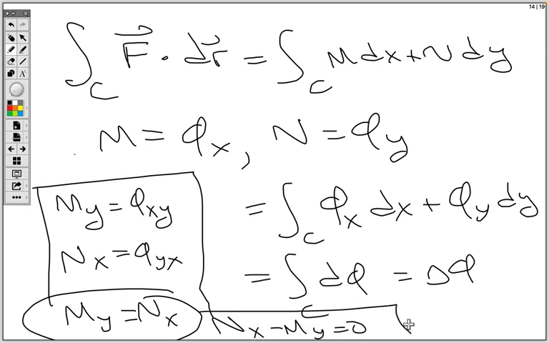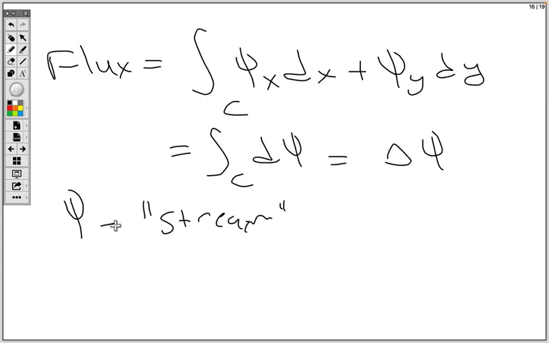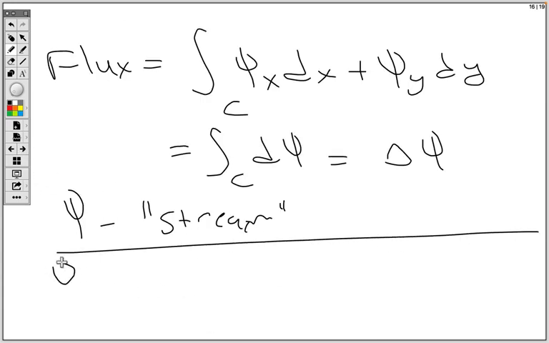So we mentioned that yesterday. We'll talk more about that next week. So what would be true over here? If psi x is minus n, then psi xy would be minus ny.